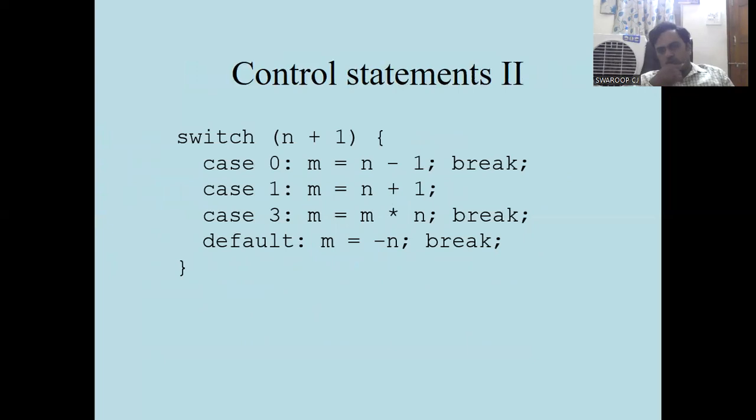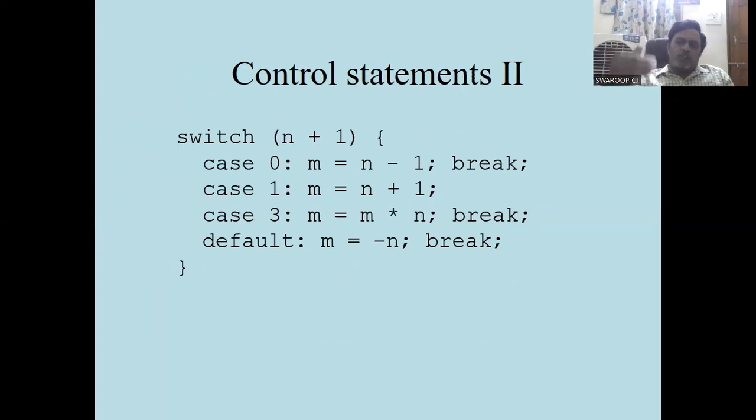So the next control statement, the switch statement, which is an alternative for the if-else statement. What is the purpose of the if-else statement? If the condition is okay, execute. Not okay, check the second condition. Not okay, second condition. It keeps going through conditions multiple times.